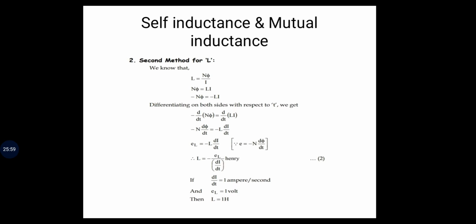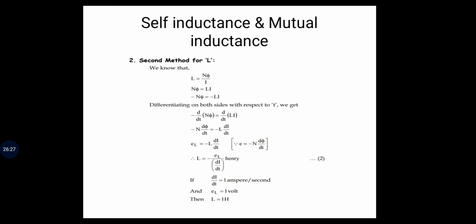Here minus N into d phi by dt equal to E or V. Then V equal to minus L into di by dt.